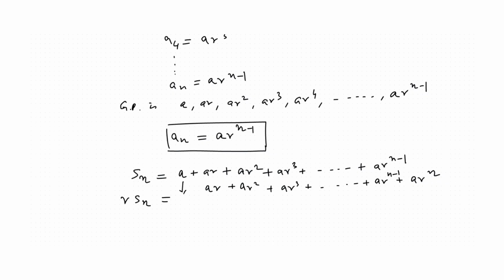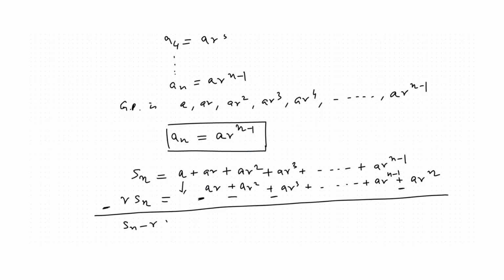Now what do we do? Let me subtract it. Minus, then this would be minus, minus, and so on. So what will I get? Sn minus R times Sn equal to A, and this would all get cancelled. So A minus ARN.